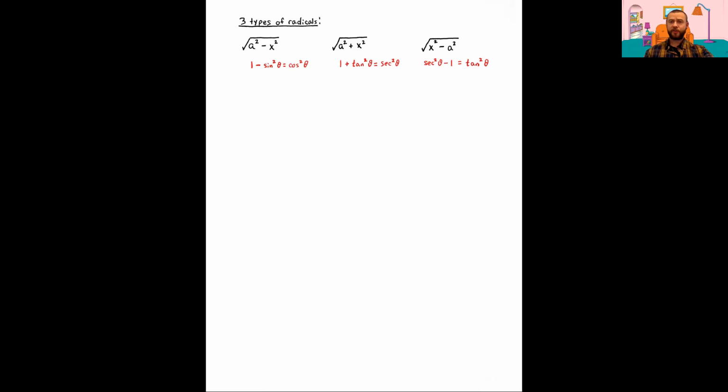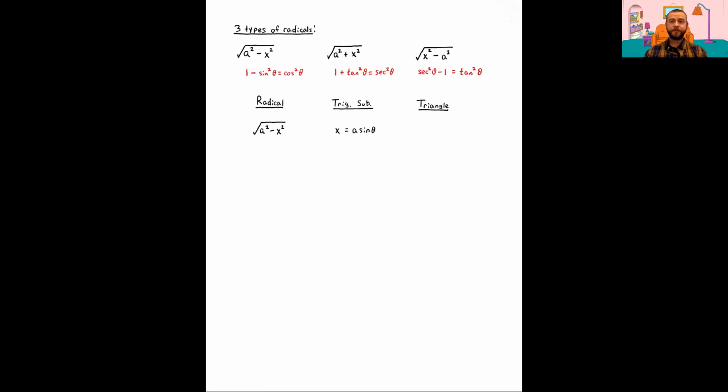So maybe pause the lecture to let that sink in so you can see the correspondence. And let's get to the details of how this will work. There are a lot of details. We'll be taking our time to look at everything in this first part of the lecture and then have a lot of the examples in the second part.